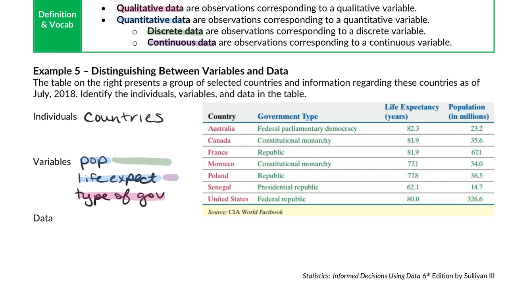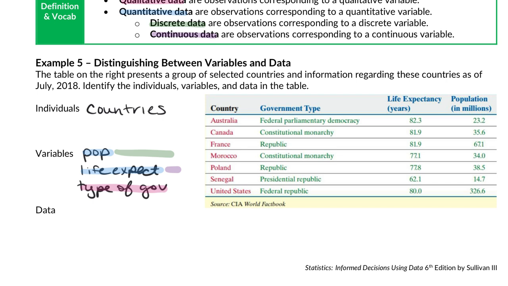Now the data in this table is all of the information that we can see. So for example, if we were looking at the data when it came to life expectancy, our data would be 82.3, 81.9, 81.9, 77.1, 77.8, 62.1, and 80.0.